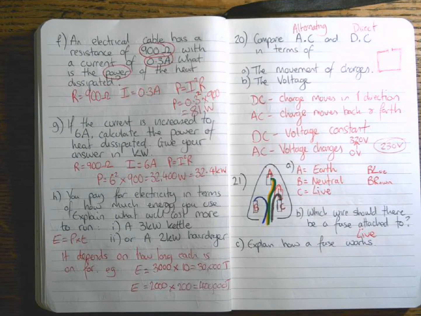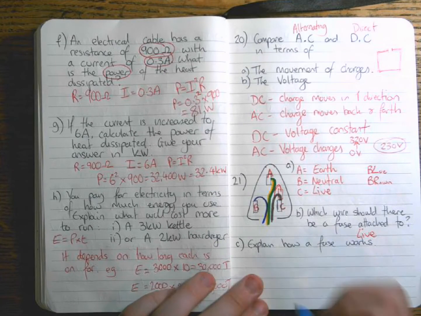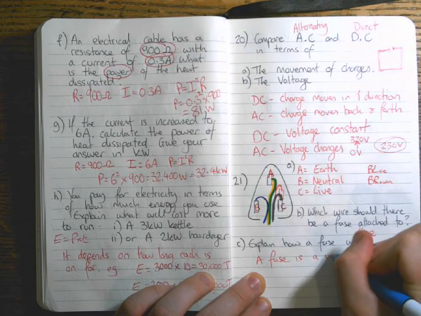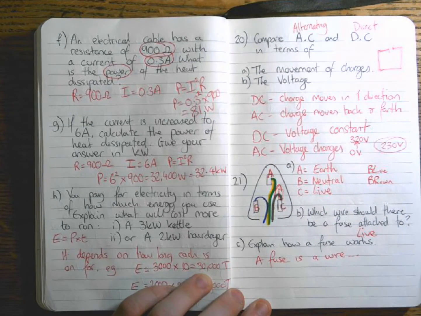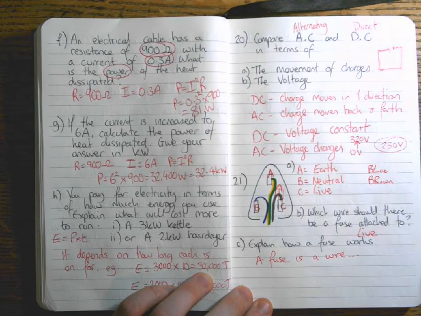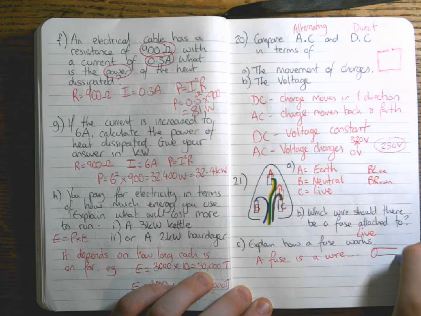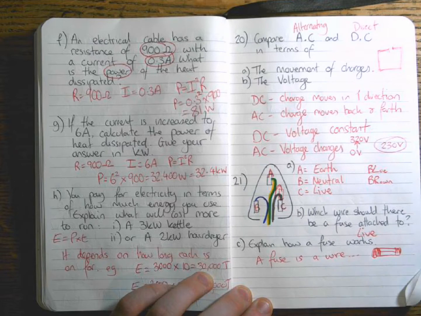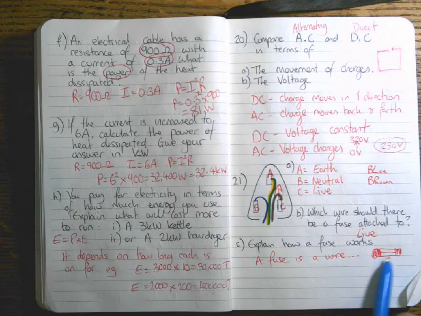Have a go yourself. A fuse is actually just a wire. It's a cylinder that has metal contacts on that end and that end, and in the middle there is a single wire.